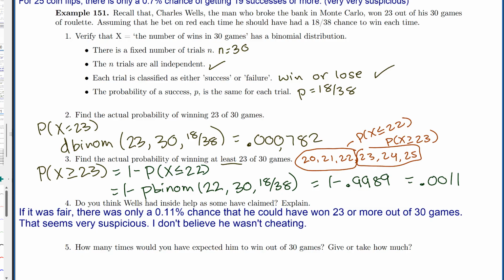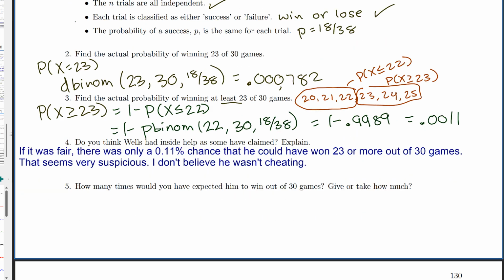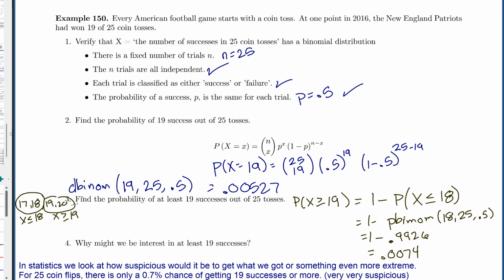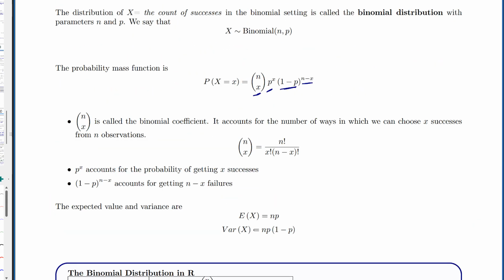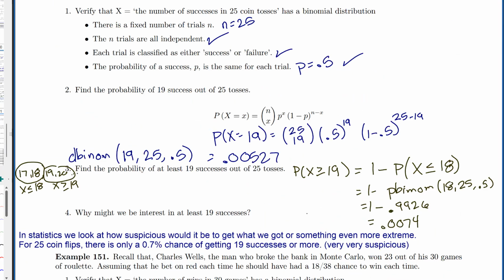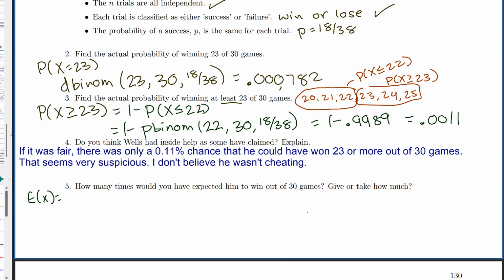Now I'm asking you, how many times would you expect him to win out of 30 games, give or take how much? So anytime you see that, I'm asking you to find the expected value and standard deviation. So expected value of x, okay, come back up to your formulas. Expected value of x is n times p, and the variance is np times 1 minus p. So in our case, we're playing 30 times. The chance of winning is 18 out of 38.